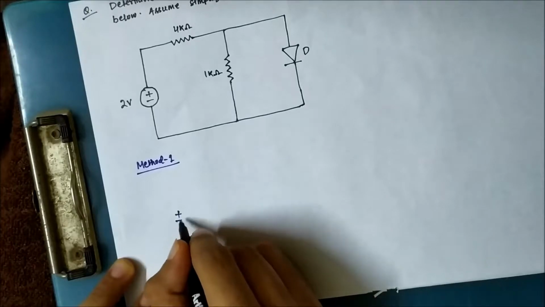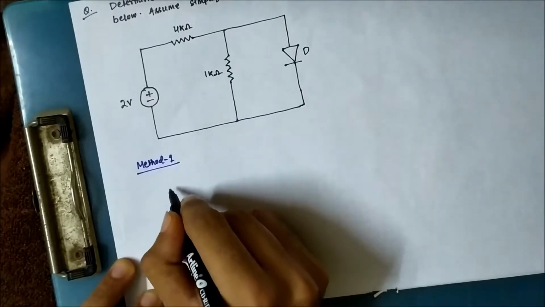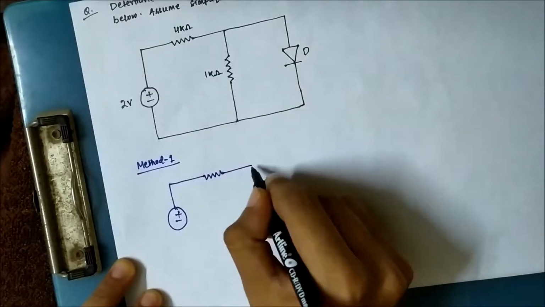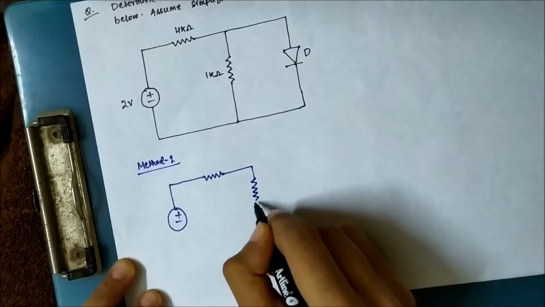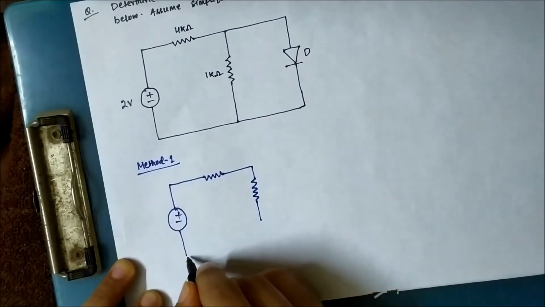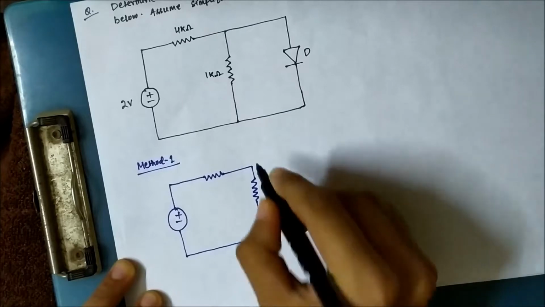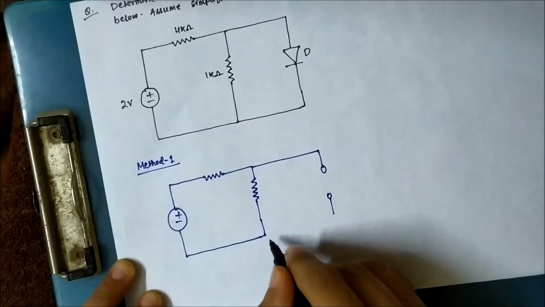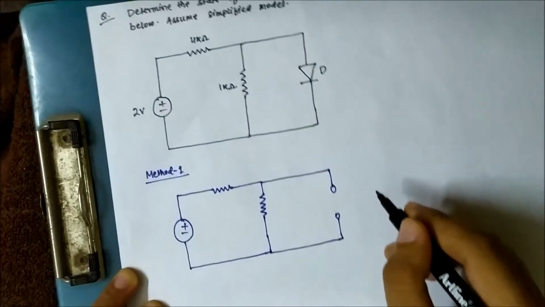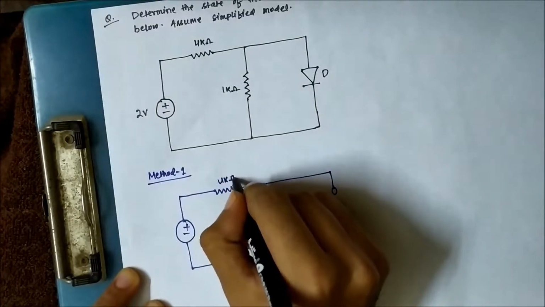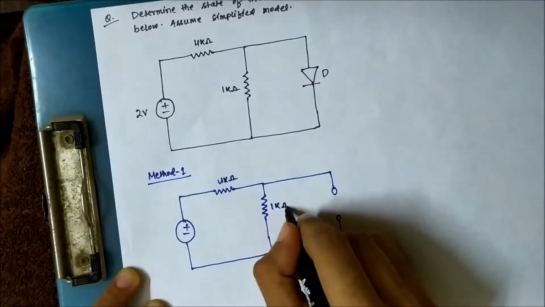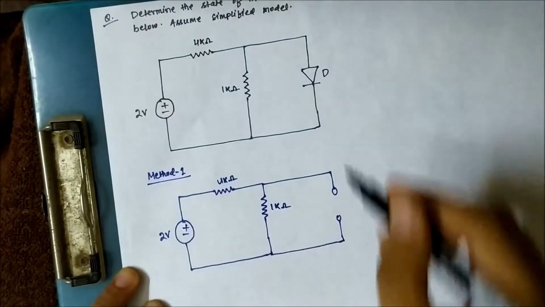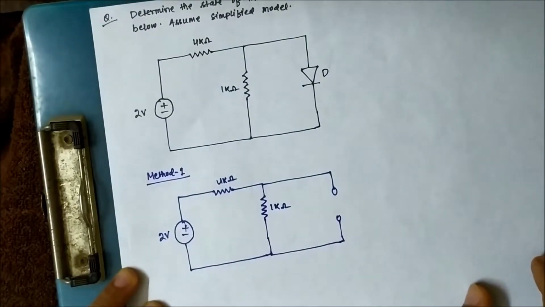This is the 2 volt voltage source, this is the 4 kilo ohm resistance, this is the 1 kilo ohm resistance. We have assumed that this diode is off, so we have replaced it with an open circuit.